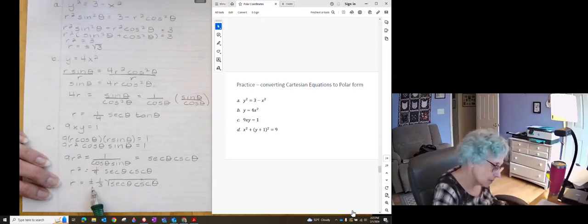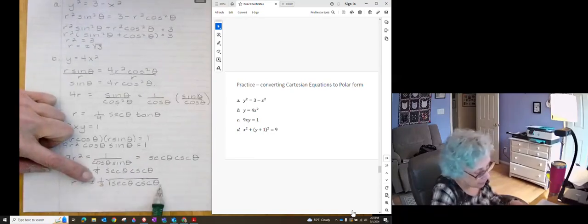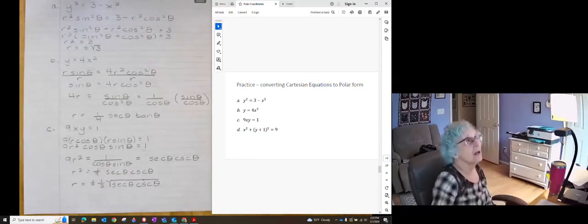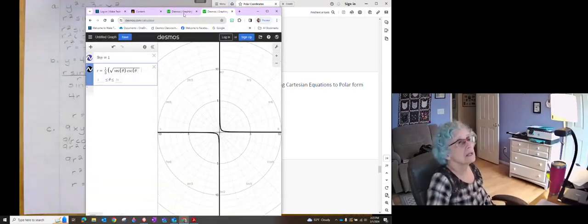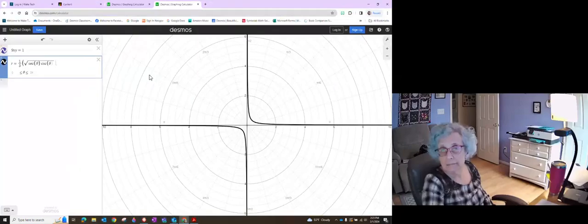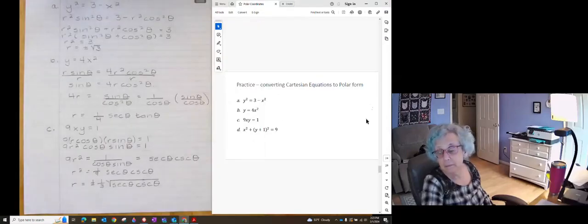So r is plus or minus square root of this whole side. Square root of 1/9 is 1/3. And I did plug it into Desmos. And look at that. It's the exact same thing. There's the pretty Cartesian graph. There's the pretty polar graph. So now give part D a try. See how that goes. We'll meet back and compare.